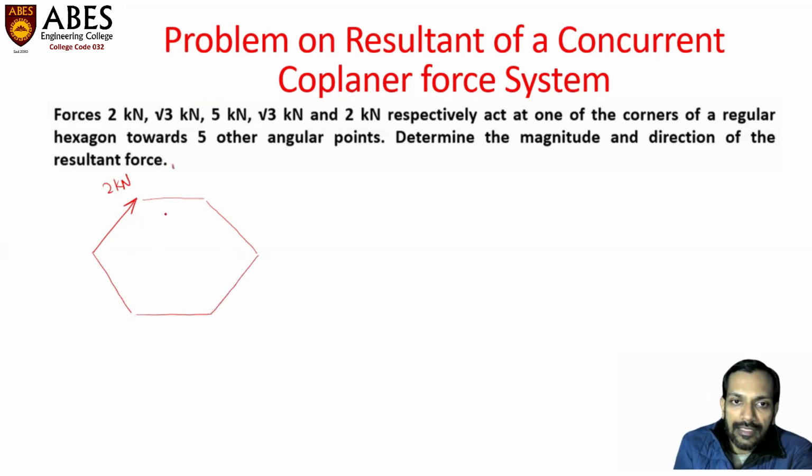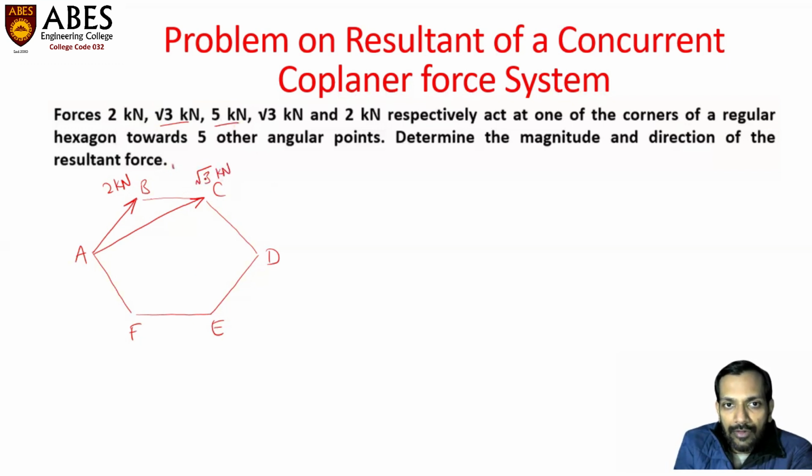The first force acts from point A towards B. The other points are C, D, E, F. The second force of √3 kilonewton acts towards point C, with magnitude √3 kilonewton.